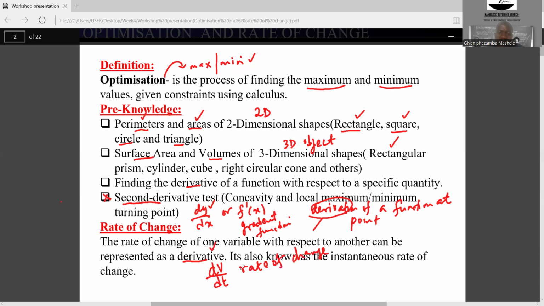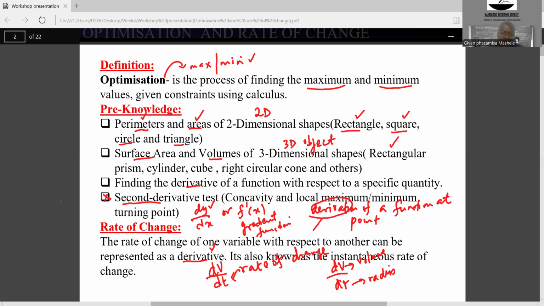But the rate of change does not have to do with time only. You can also say, let's say, dV over dr. So this is an example of the rate of change: changes in volume, if V is the volume, with respect to the radius.